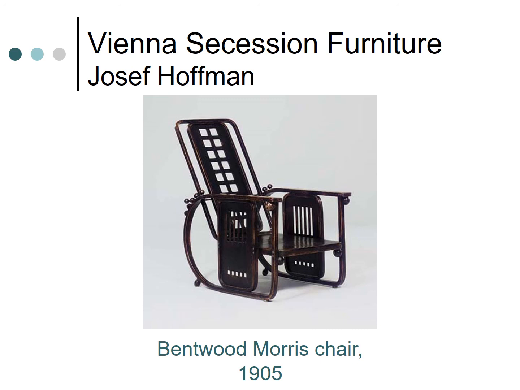During the Vienna Secession, it was really steel that was seen as a modern movement. So the frame is structural steel, and the seat is plywood. The seat and back and arms are all plywood that is stained. And the back is adjustable, which wasn't always the case with the Morris chair.